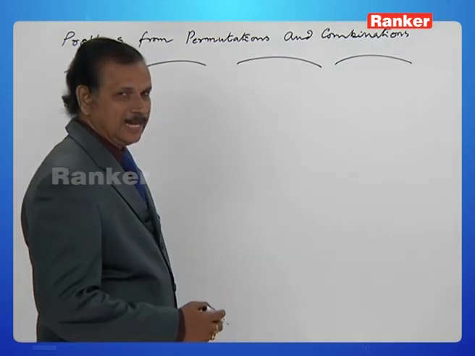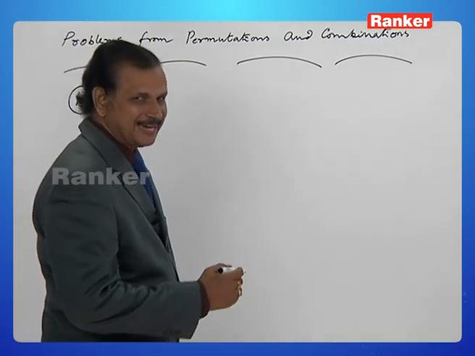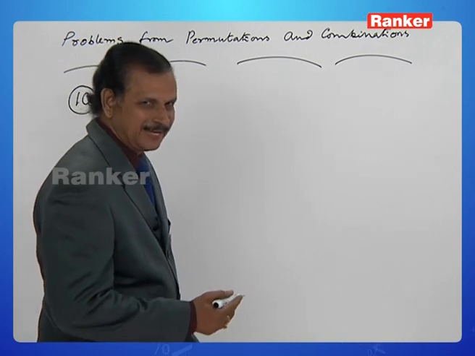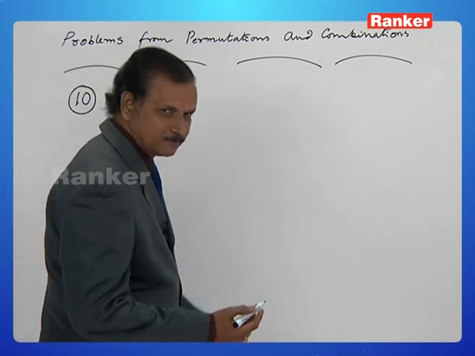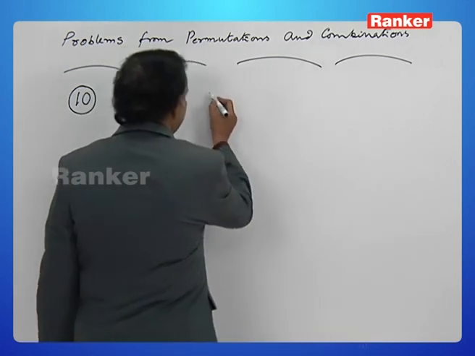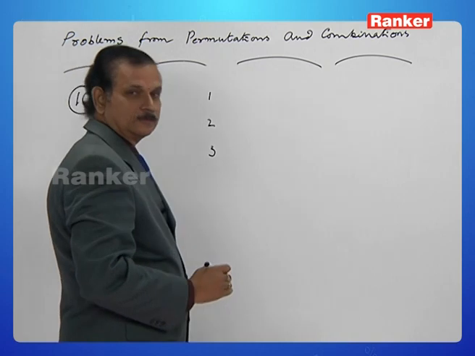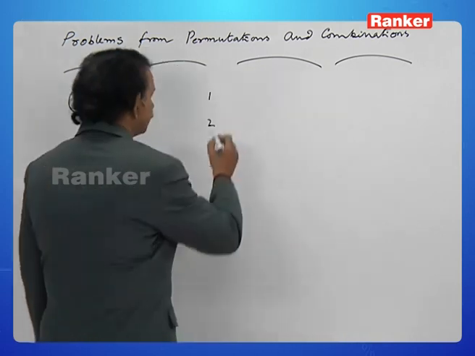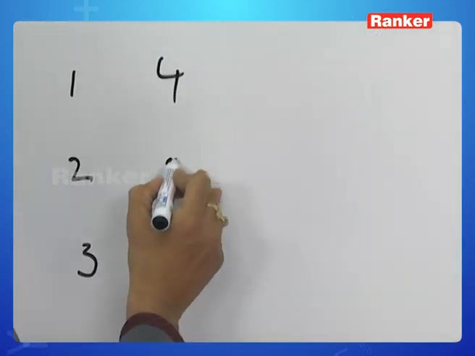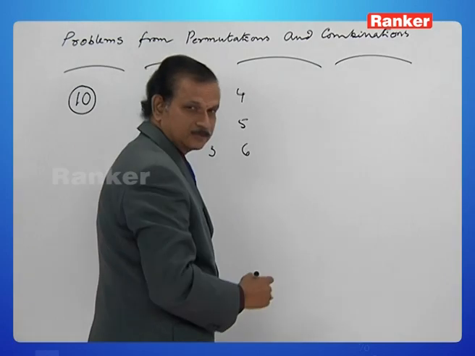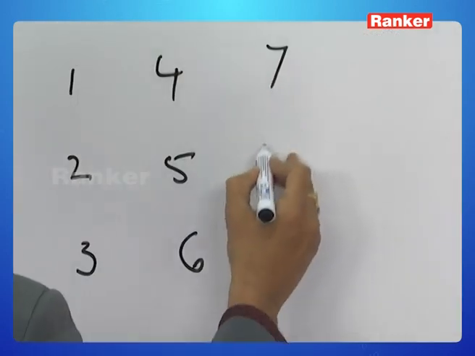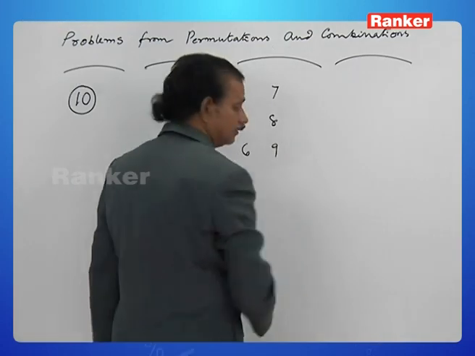First of all, let me list those natural numbers in a special way on the board. Let me arrange them: 1, 2, 3. Next, 4, 5, 6. Next, 7, 8, 9.